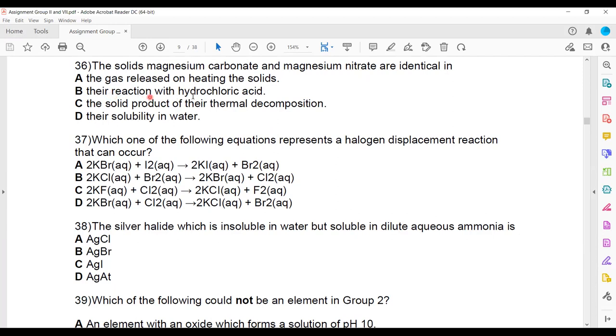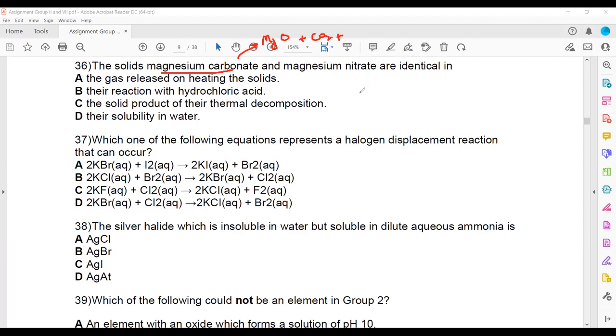Then their reaction with hydrochloric acid: when magnesium carbonate reacts, it will form magnesium chloride, and carbon dioxide gas will be released in water, whereas magnesium nitrate will form magnesium chloride plus hydrogen nitrate, like two solutions will be there. A solid product of their thermal decomposition, that's true, because if I decompose magnesium carbonate, the product will be magnesium oxide, the solid product, and carbon dioxide.